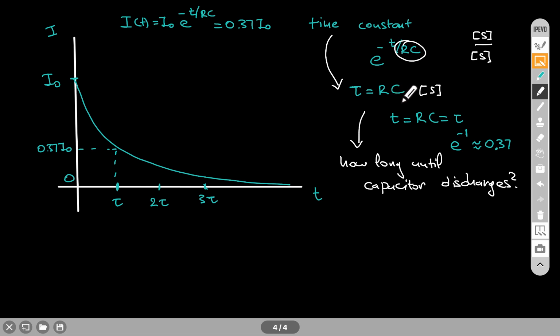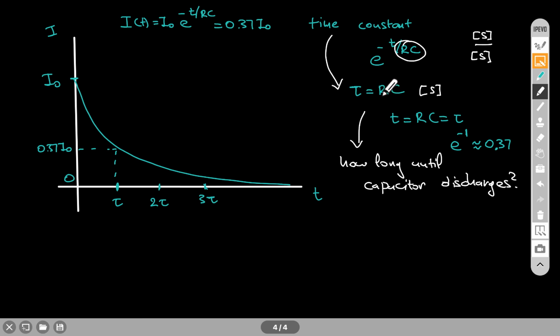If you have a different circuit where the product gives you 60 seconds, then I would probably wait around 300 seconds, or maybe 200 seconds, before the current becomes very, very small.